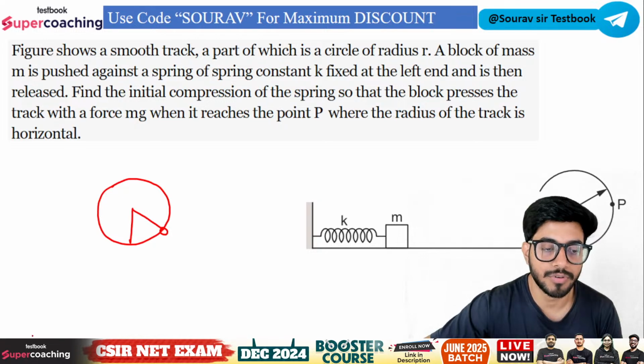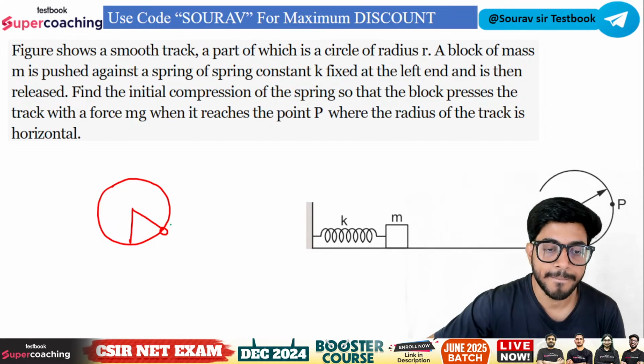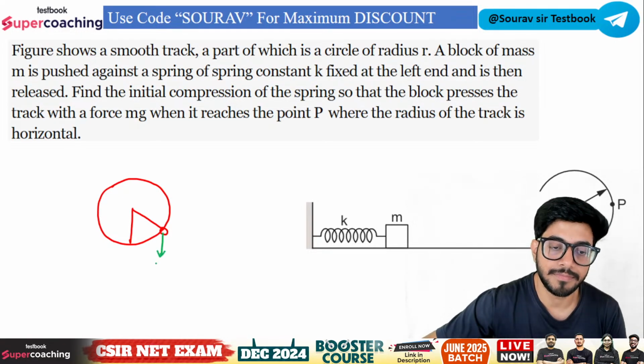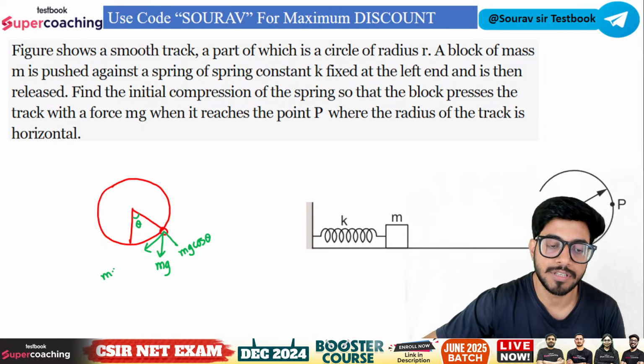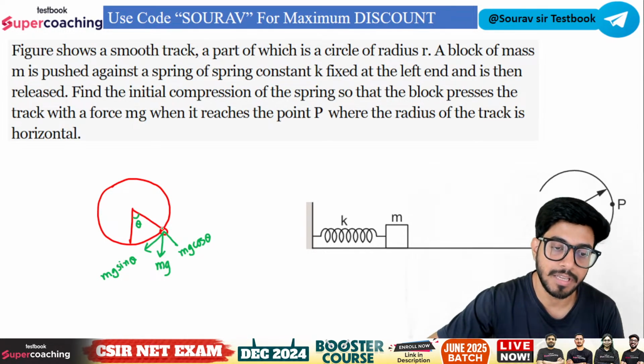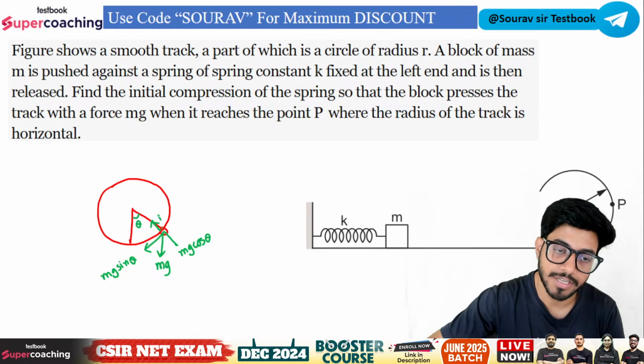This angle is theta, so mg cos theta, and this is mg sin theta. And of course, the normal reaction should be in the upward direction.